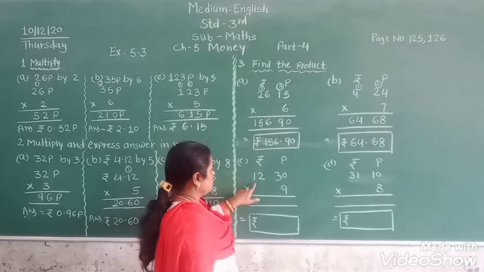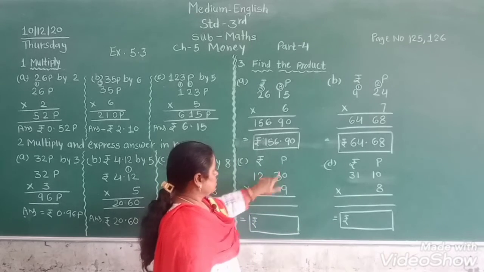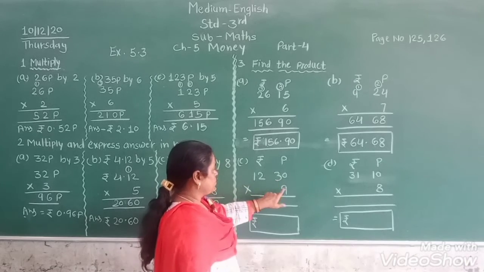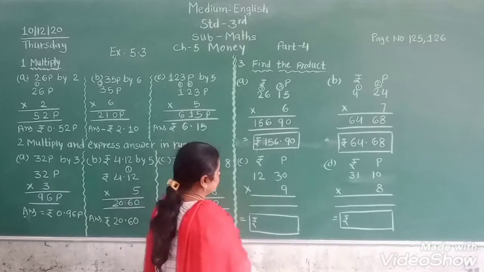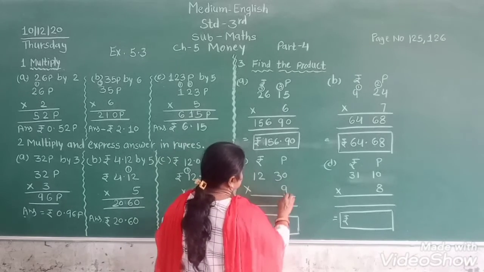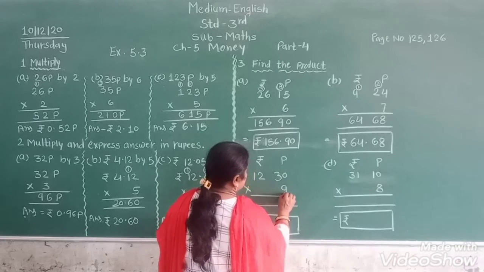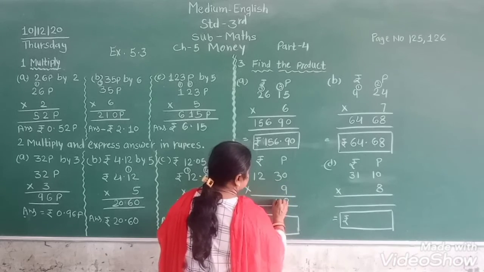Now C number, rupees 12 and paise 30. 12 rupees 30 paise multiply by 9. Now 9 0s are 0. 9 3s are 27.